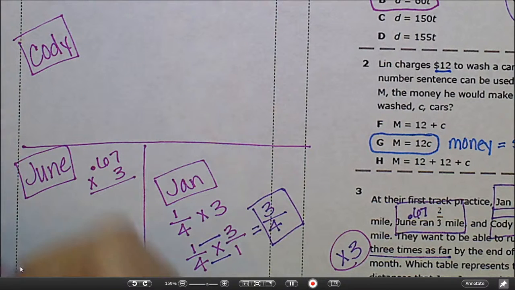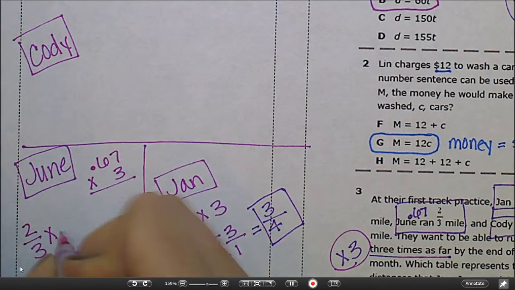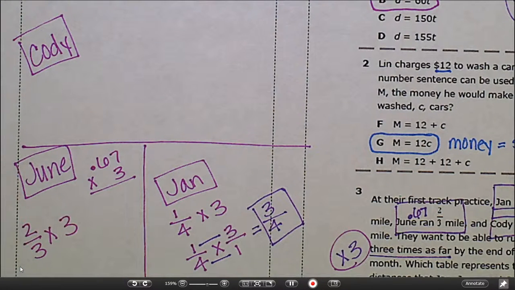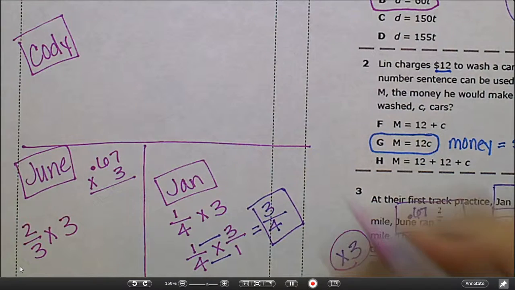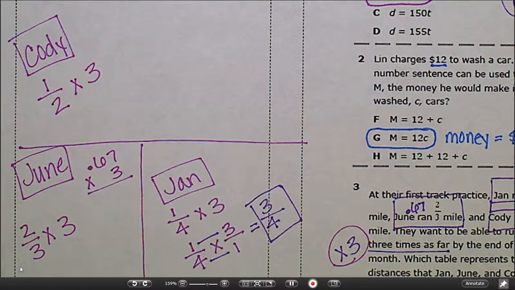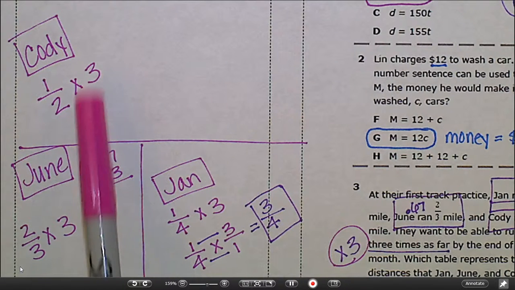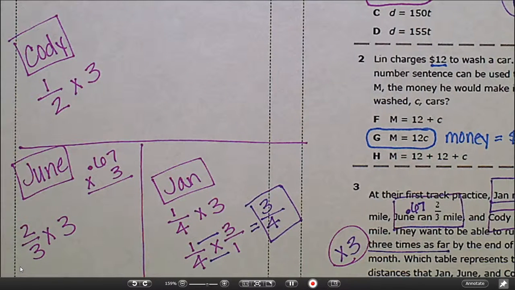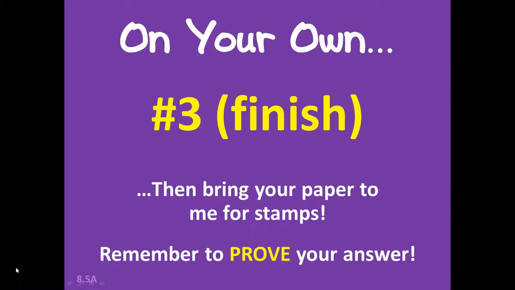Or you can start with 2/3 and multiply that by 3 like we just did with Jan. Same thing with Cody: 1/2 times 3. Follow those steps. Before I give you a stamp on number 3, you need to show me that you have figured out Cody and June's final distance as well. So please go ahead and finish number 3. As soon as you finish and you're able to show me your work to prove it, bring me your paper and I will give you your stamp for number 3. So please pause the video now.